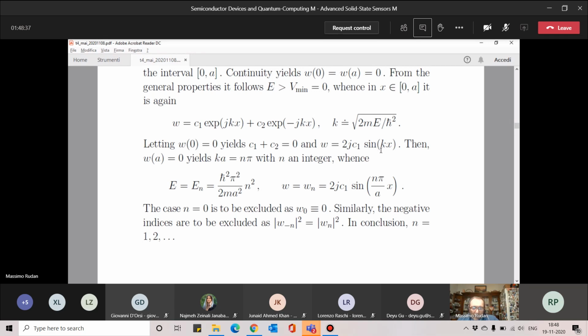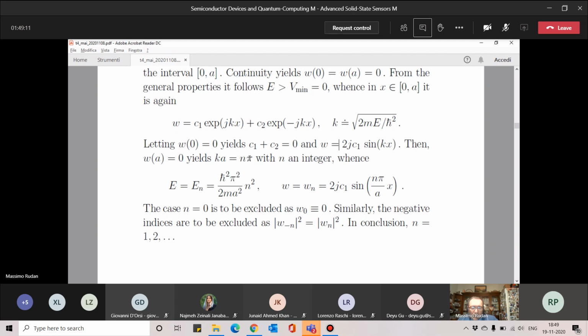The conclusion is that, in contrast to the case of the free particle, in which any non-negative value of E was allowed, so that also any non-negative value of k was possible, in this case the possible values of k that are allowed are those that fulfill this relation.